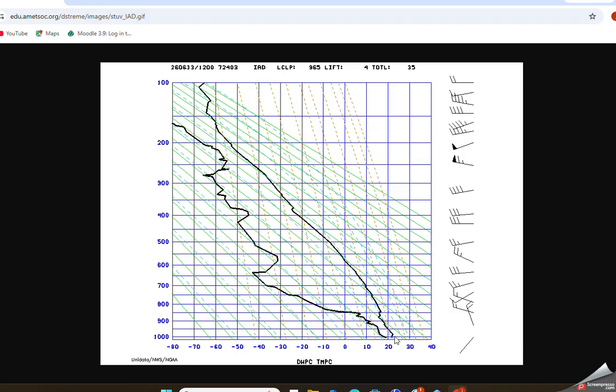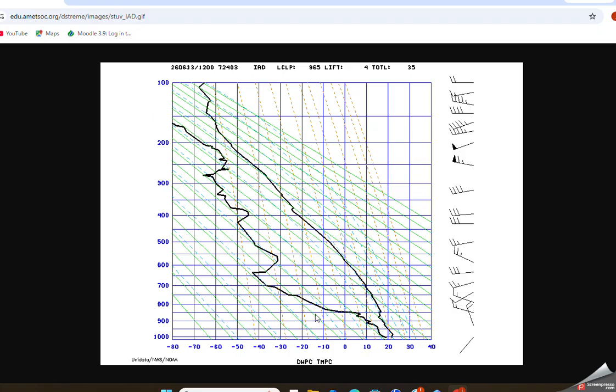This is a profile. I should mention the SQTs earlier. This is a Stuvie diagram. All it is, temperatures along the bottom, pressures, as we've already learned in millibars, is on the left. So we start out with temperature at 1,000 millibars, and it looks like it's about 21 degrees Celsius. Dew point right here, probably about 19 degrees Celsius.